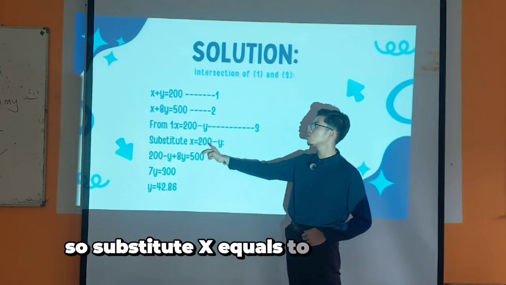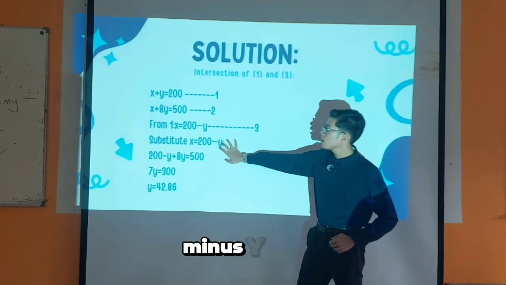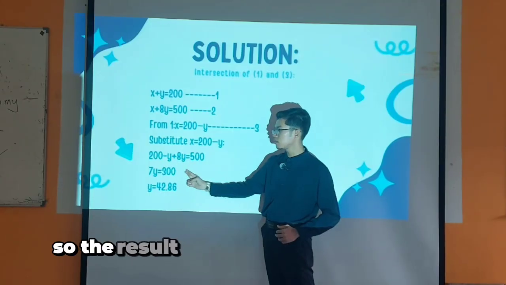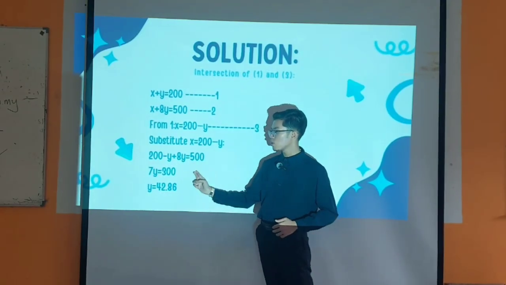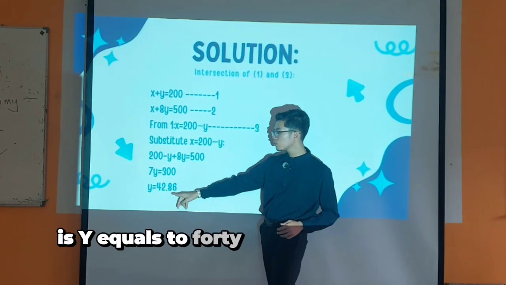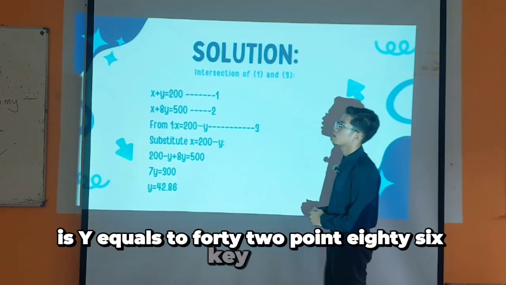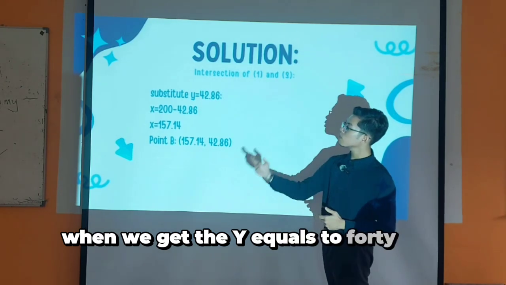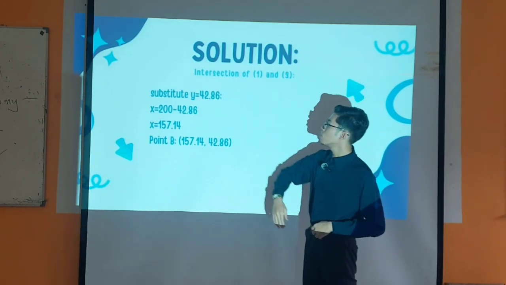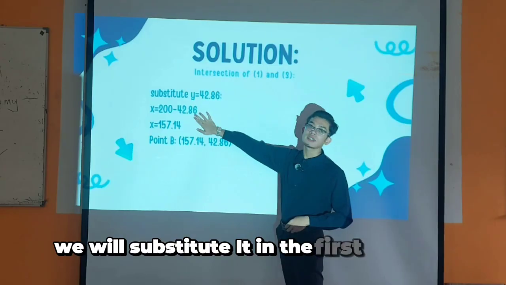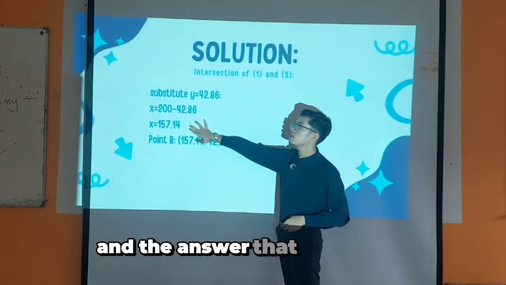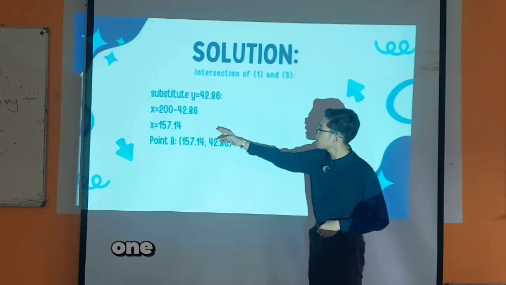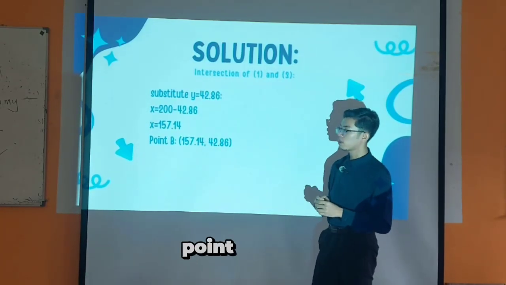Substitute x equals 200 minus y in the second equation, and the answer that we get is y equals 42.86. Next, we substitute it in the first equation, and the answer is 157.14.